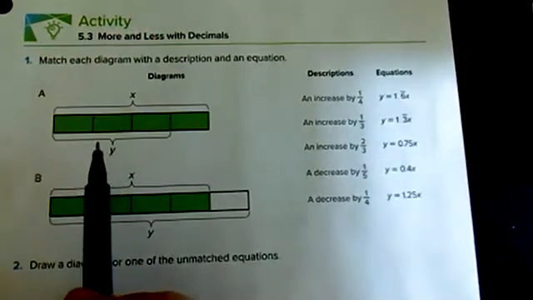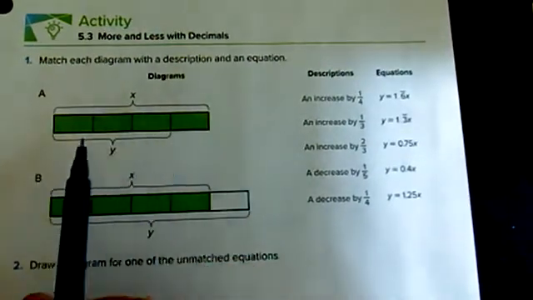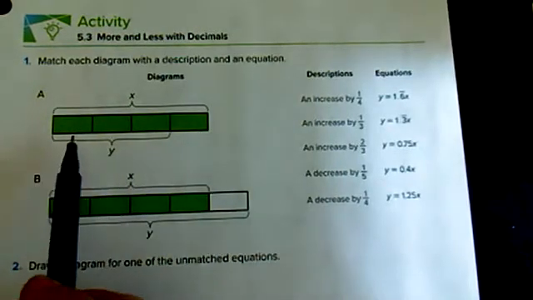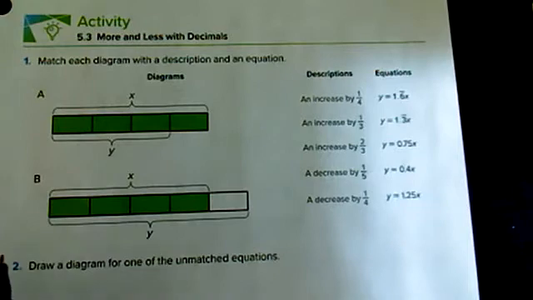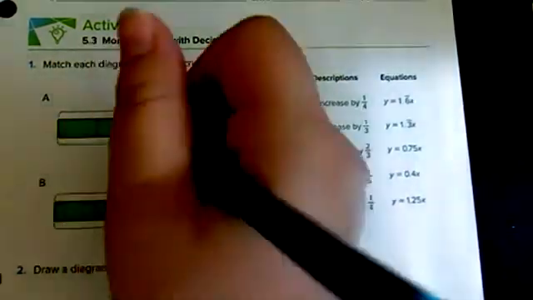So if y has 3 pieces and x has 4, we have 4 pieces. So is this one being increased or decreased? So I think we could say this one is being decreased by 1/4.